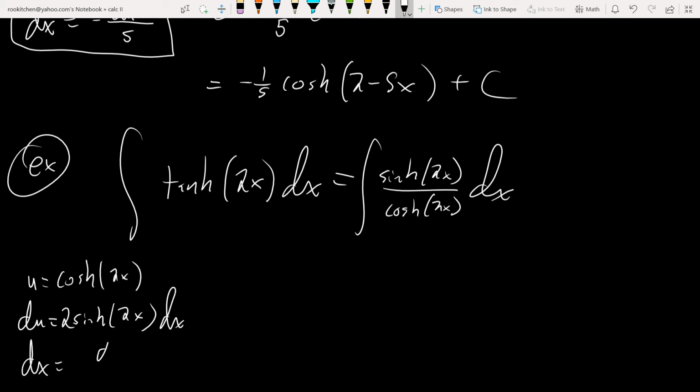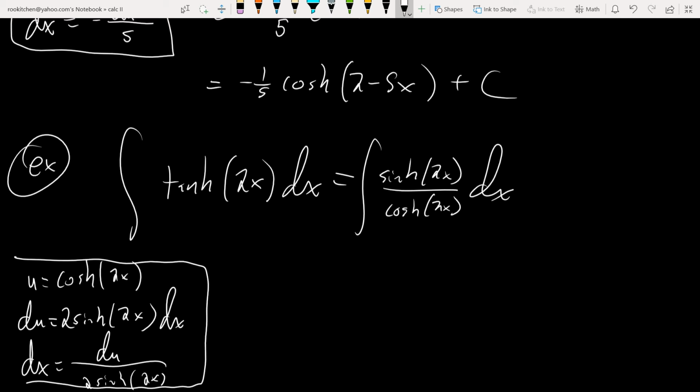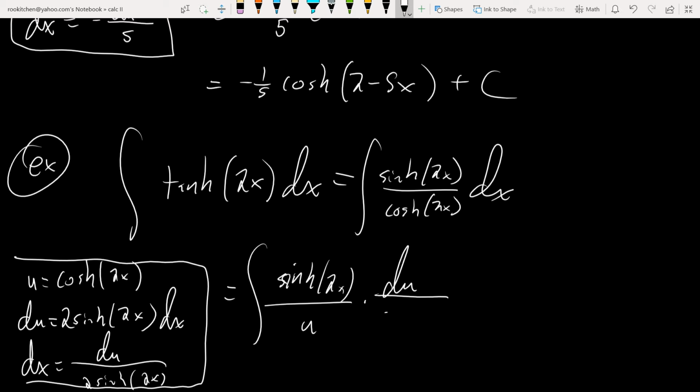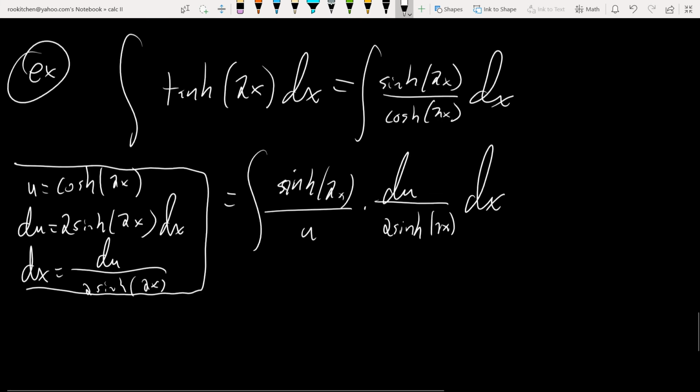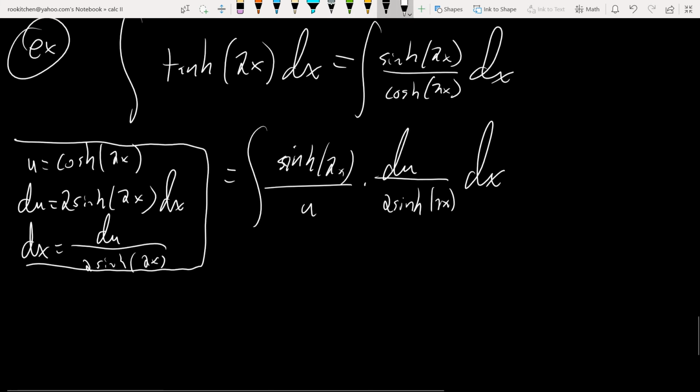So dx is du over 2 sinh 2x. So what do we have then? We have sinh of 2x all over u times du all over 2 sinh 2x dx. Sorry, my handwriting is pretty sloppy.